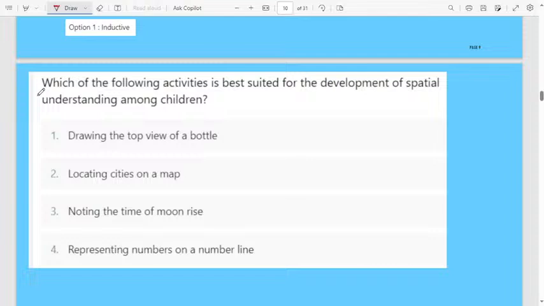Next question, which of the following activities is best suitable for development of spatial understanding among children? First one, drawing the top view of a bottle. Second one, locating cities on a map. Third option, noting the time of moonrise.